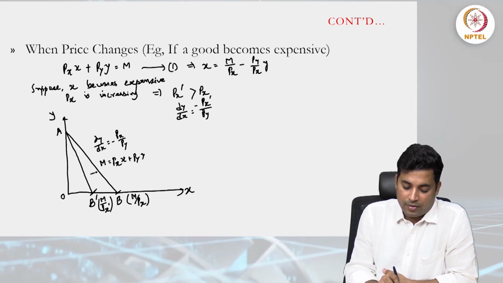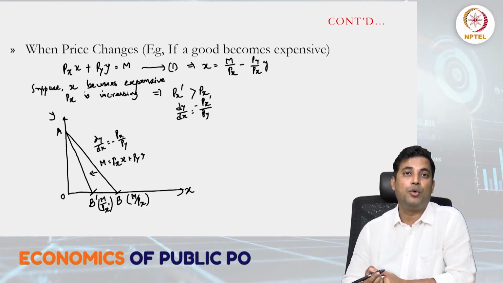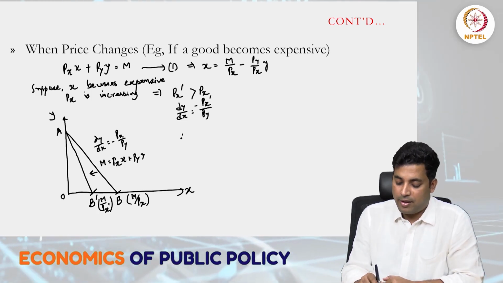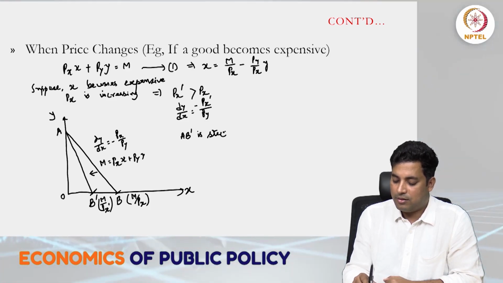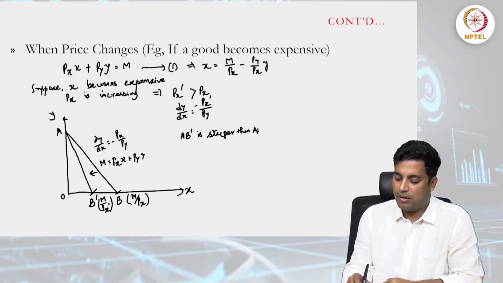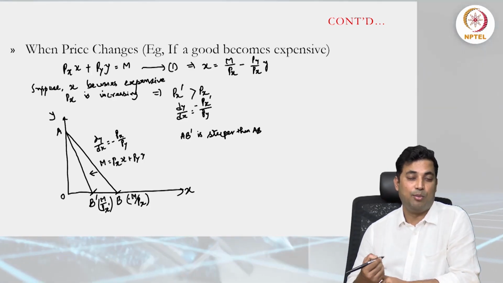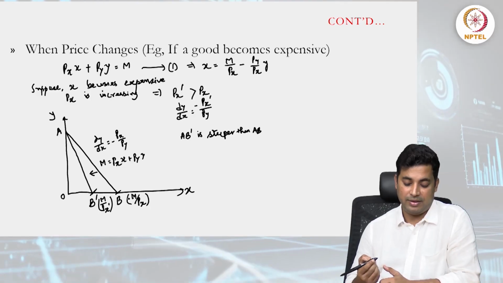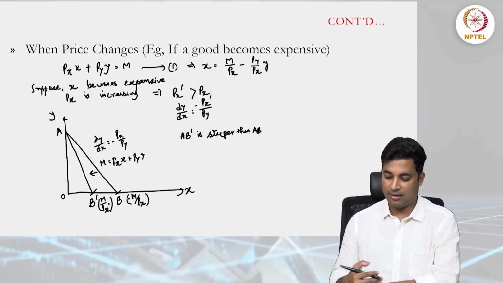So the budget line will move inward because it is becoming stiffer than the original budget line, say AB. So AB dash is certainly steeper than AB. Why? Because px is more, and therefore m by p ratio is becoming less, and therefore it has become stiffer than the original budget line.